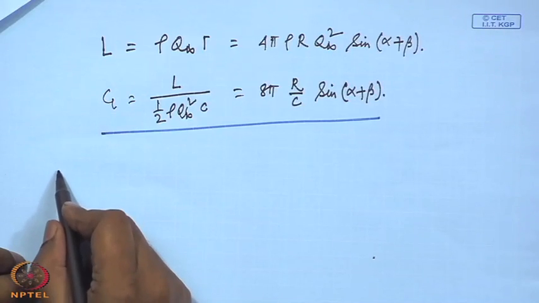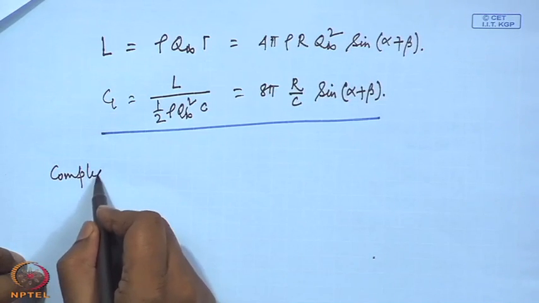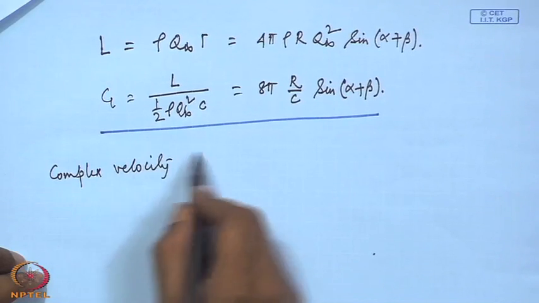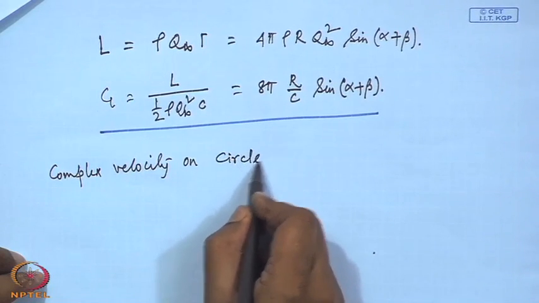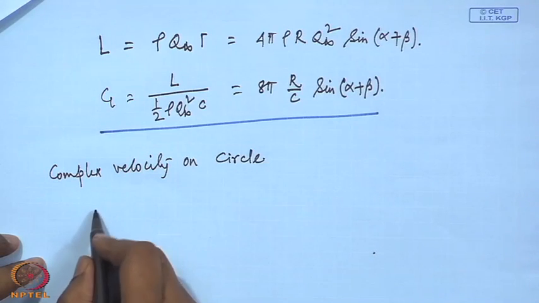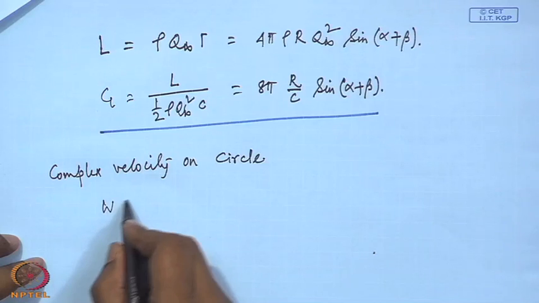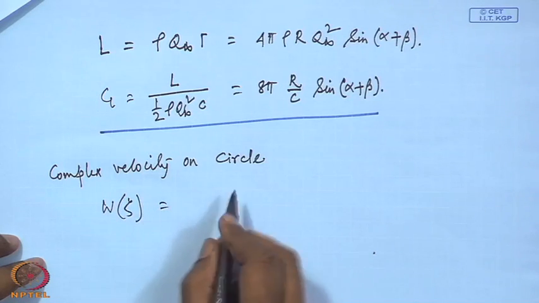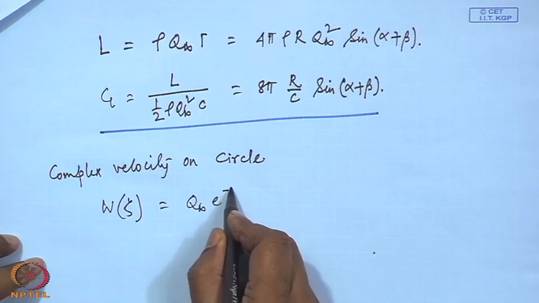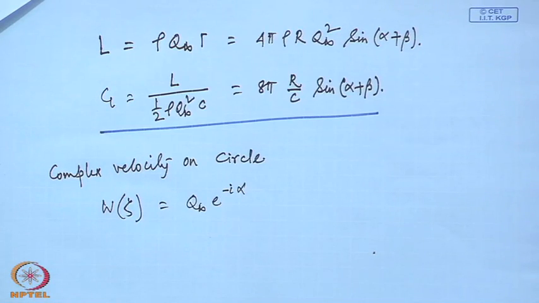So, the complex velocity on the surface of the circle, what we have? w(zeta) equal to q infinity e to the power minus i alpha plus i gamma by 2 pi, where gamma is 4 pi r q infinity sin alpha plus beta.